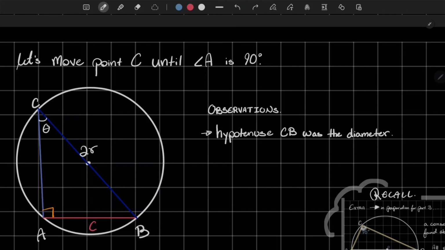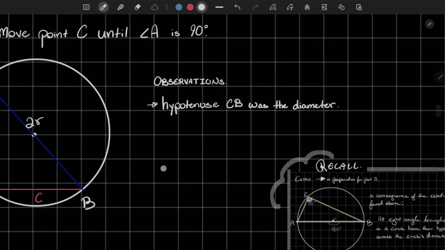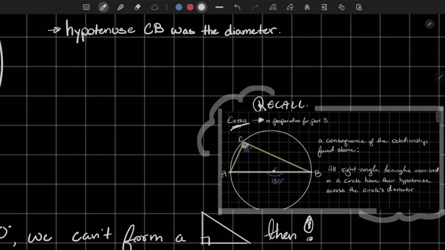So some observations. Hypotenuse CB is the diameter. Why? Recall the angle at the center theorem video. That's kind of why I had the extra proportion there.